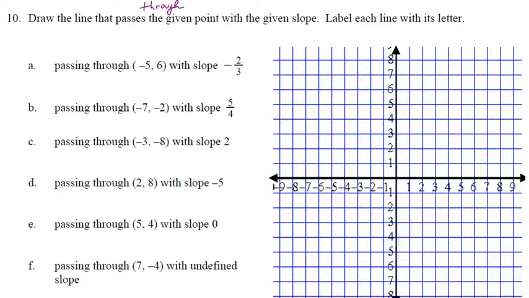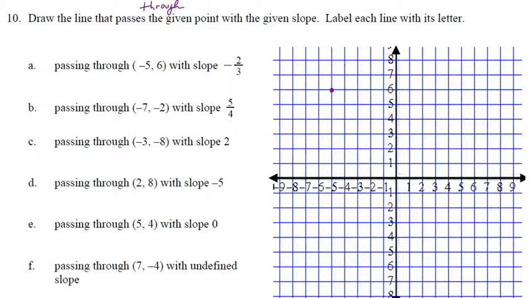This is how we're going to draw lines, right? So this is all part of how do we draw a line, and what are the characteristics of that line? In this case, we know a point and we know the slope of the line. So how do we draw it? We find the point, negative 5, 6. Put a dot there with the slope of negative 2/3.